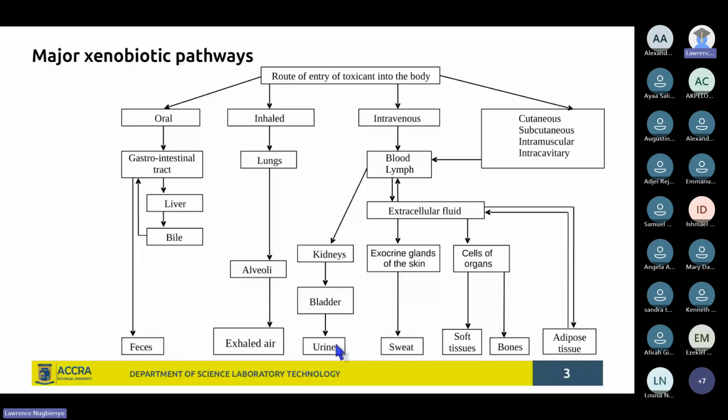Of course, there are other samples, like stool in some cases. So, for instance, exhaled air. You know that when drivers are being tested for alcohol consumption, of course, it is their exhaled air that is tested.